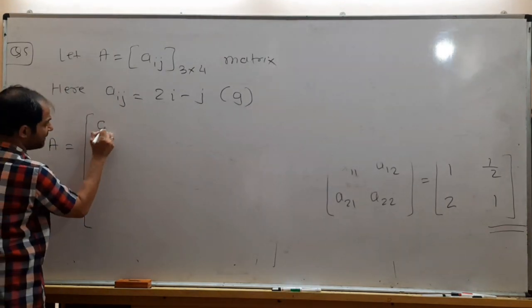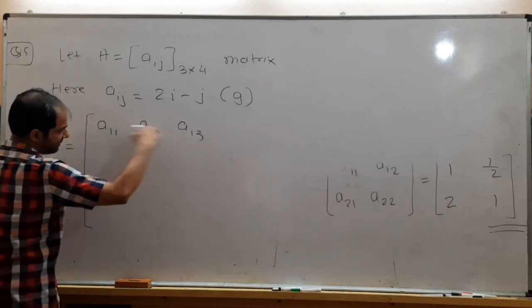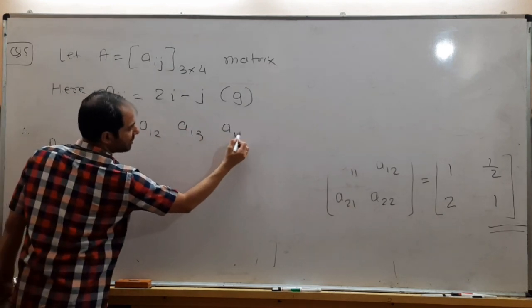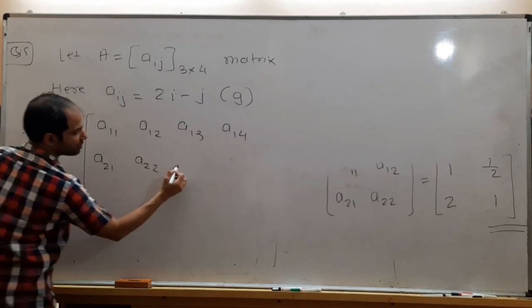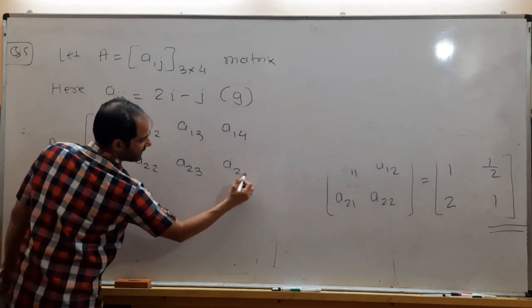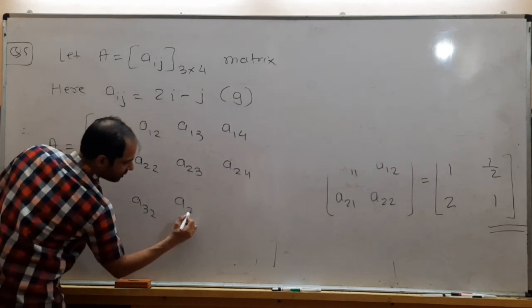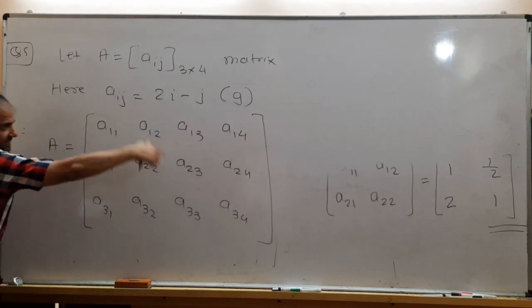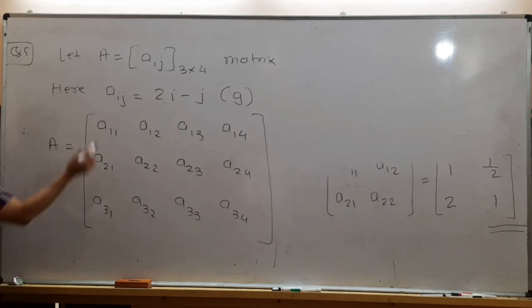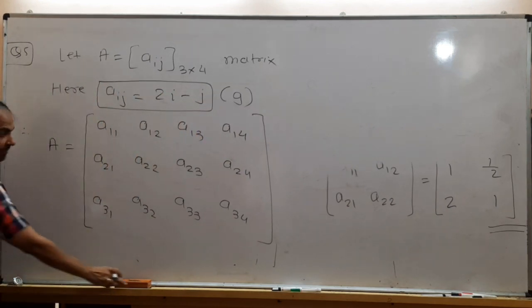So, the first element has to be A11, then it has to be A12, A13. First row, third column, and A14. And then second row, so A21, A22, A23, A24, A31, A32, A33, A34. So this is the matrix which we have to find. And the formula for Aij is, any element is 2i minus j.